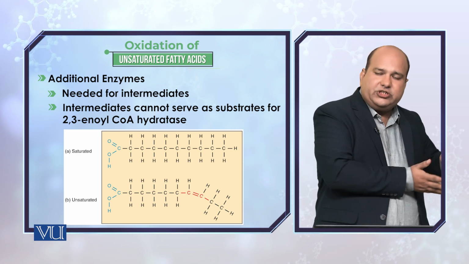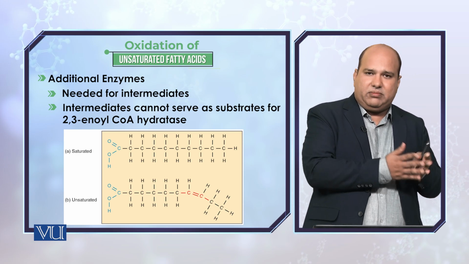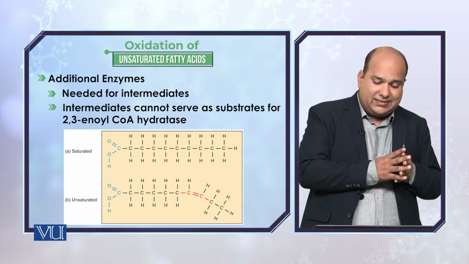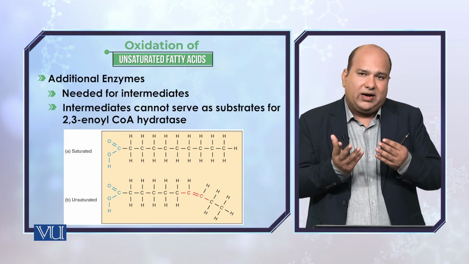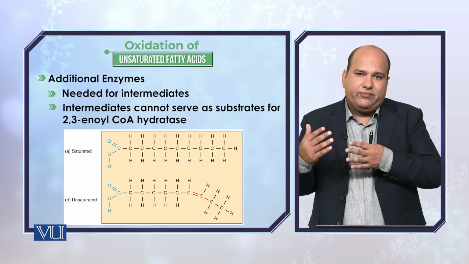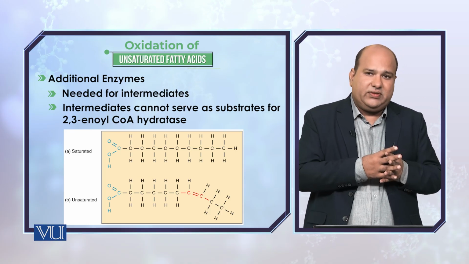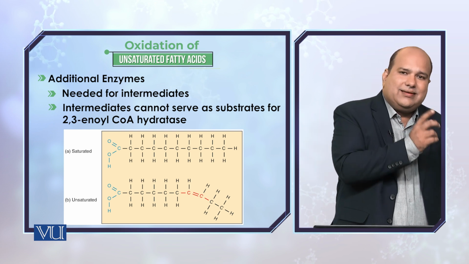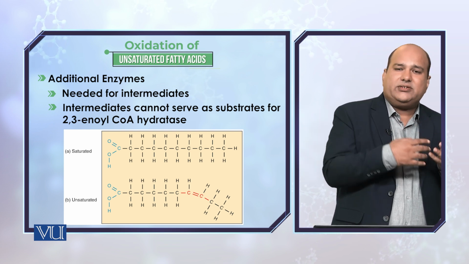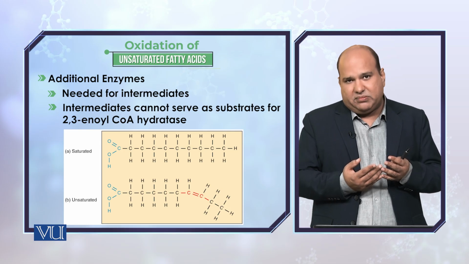Then there is another exception to the traditional way of beta oxidation. When we were talking about the oxidation of palmitic acid, it is a saturated compound, but it's not all the time you are dealing with a saturated compound.